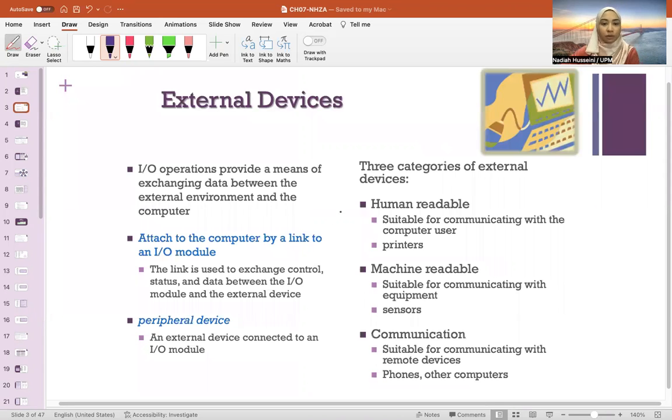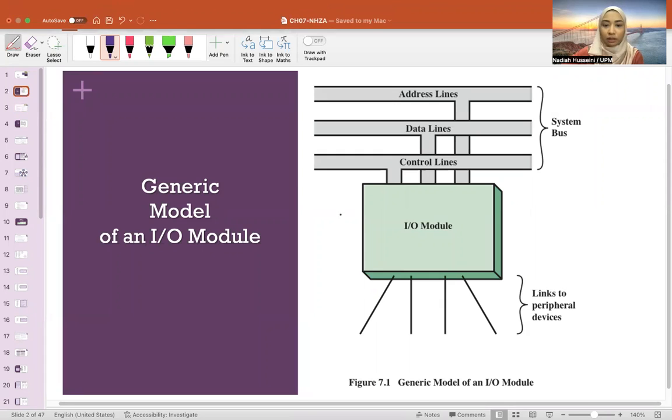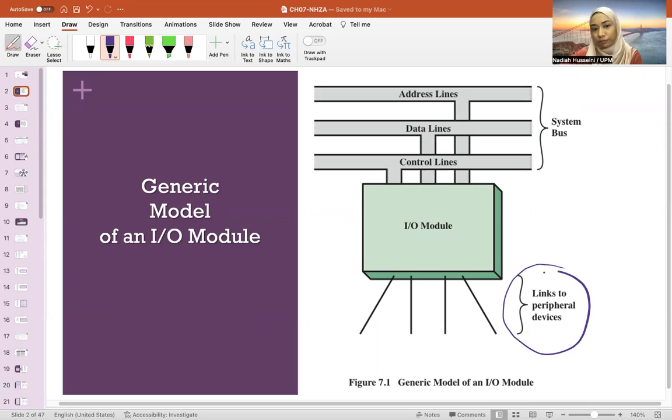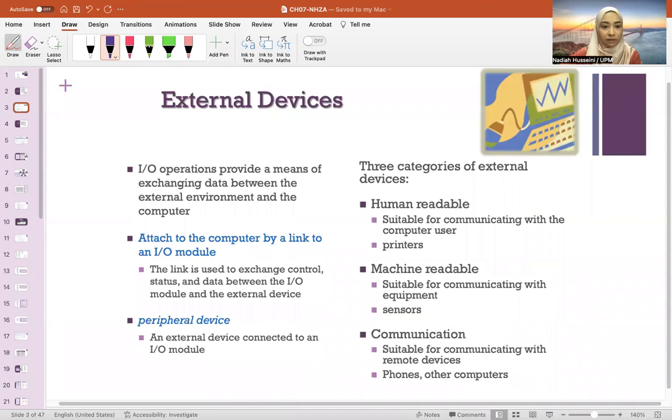Okay, so now we are talking about the external devices that are linked to the I/O module. I/O operations provide a means of exchanging data between the external environment and the computer. So the I/O module acts somewhat like a bridge between the computer and the external devices.